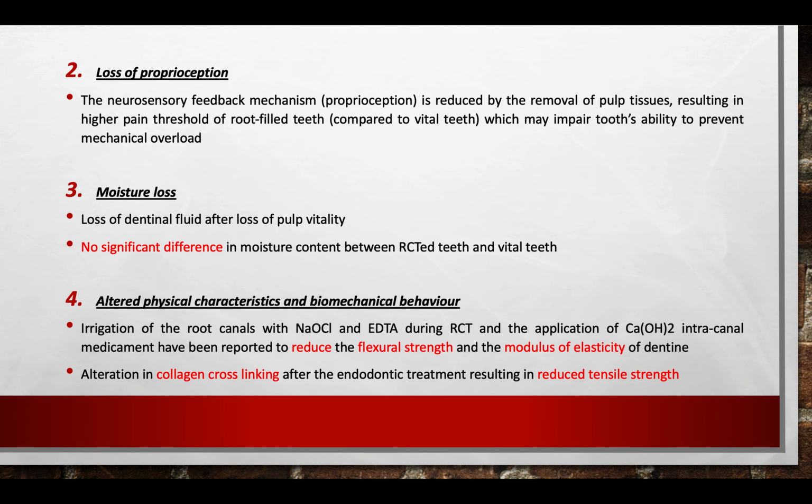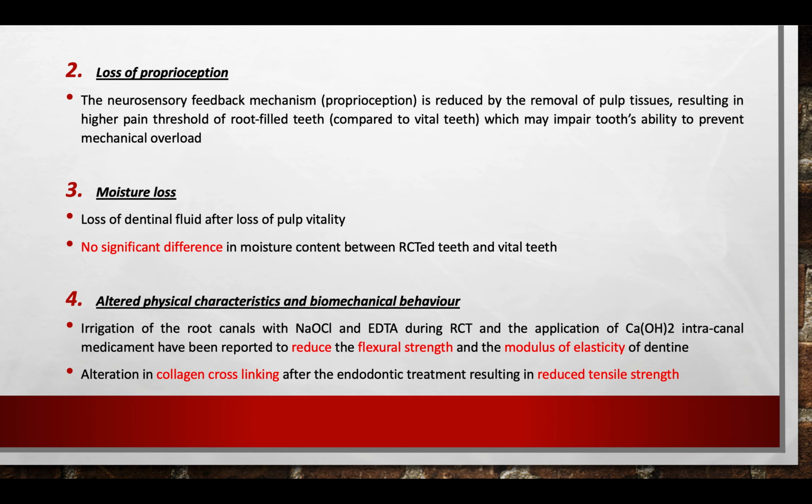Another factor that makes root-filled teeth different from vital teeth is loss of proprioception. You know that most proprioception comes from the periodontal ligament surrounding the tooth. However, there is a sensory feedback and proprioception that comes from the pulp itself as well. So when the pulp is removed and the tooth is root canal treated, it loses part of its proprioception, which will result in a higher pain threshold of the root-filled teeth.